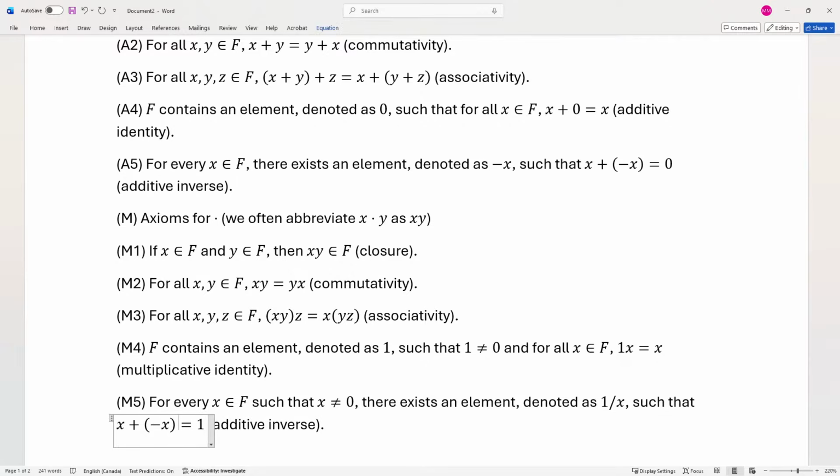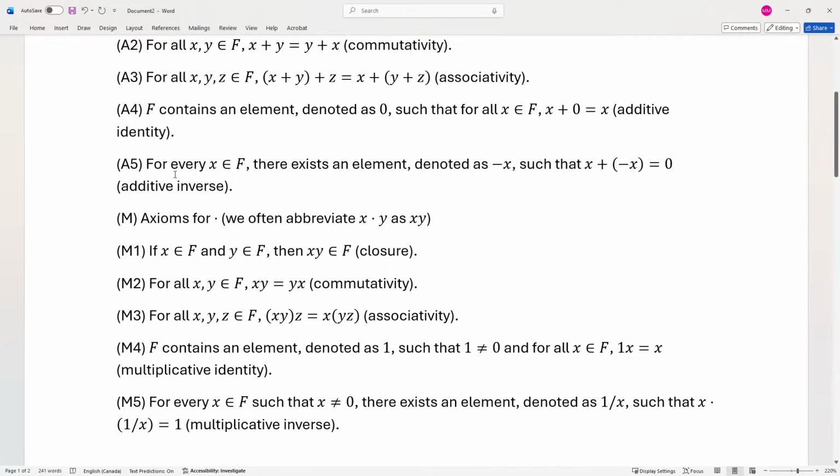And that's the multiplicative inverse. All right. So these are the 5 axioms for multiplication.